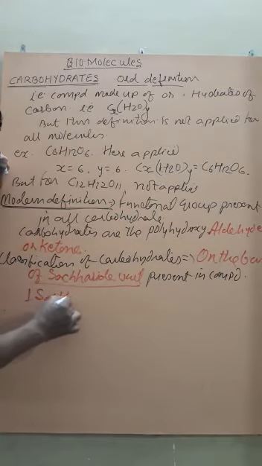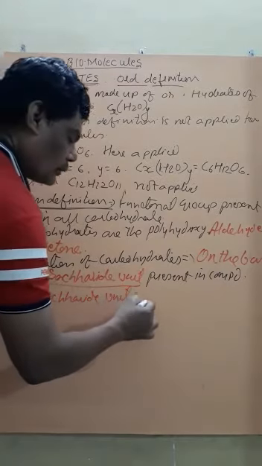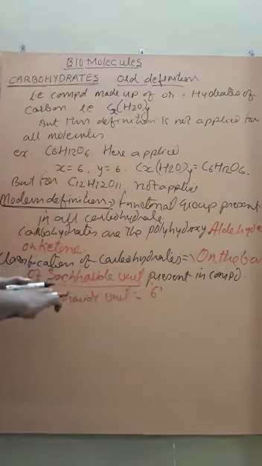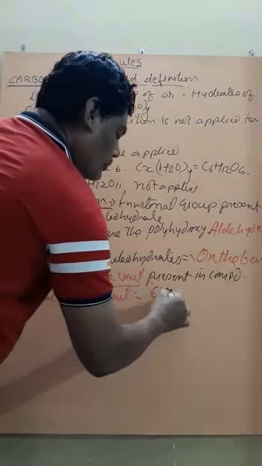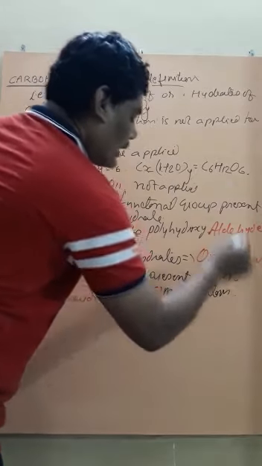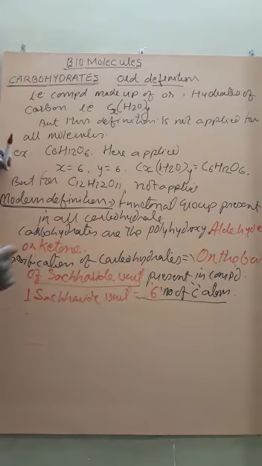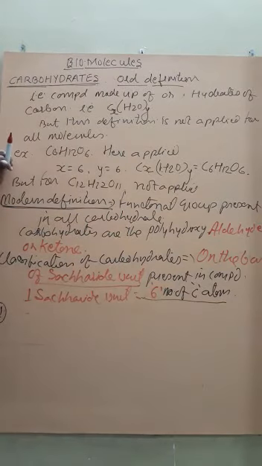One saccharide unit is equal to 6 carbon atoms along with hydrogen and oxygen. This is called one saccharide unit. So on the basis of it, carbohydrates are of 3 types.